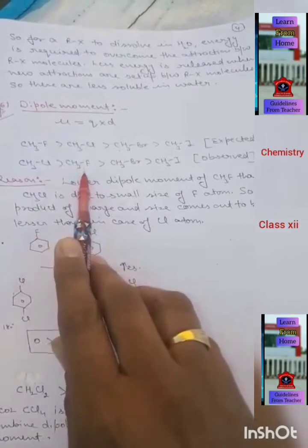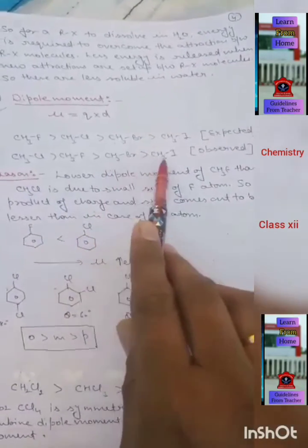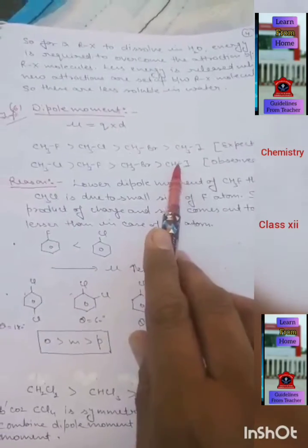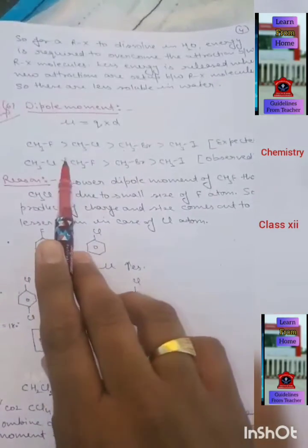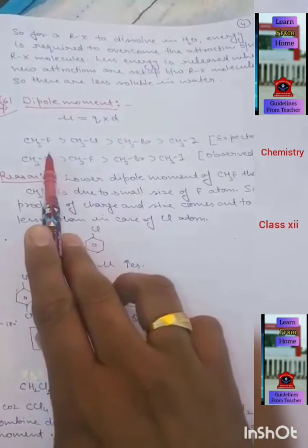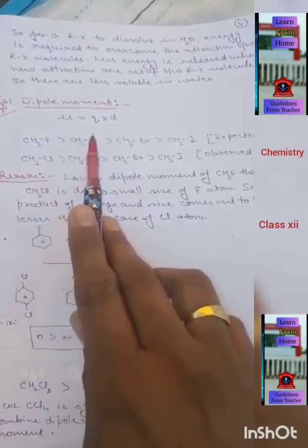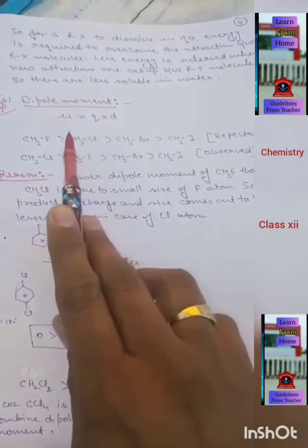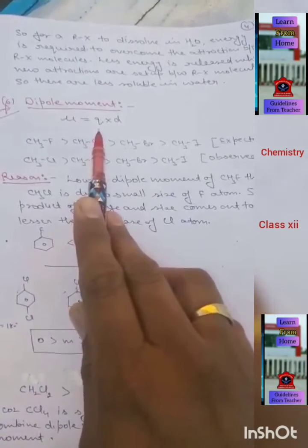CH3Cl has a higher dipole moment than CH3F, and the rest of the order remains the same. Reason: in case of the chlorine atom, the size of the chlorine atom is larger, whereas in case of the fluorine atom only the charge separation is higher.